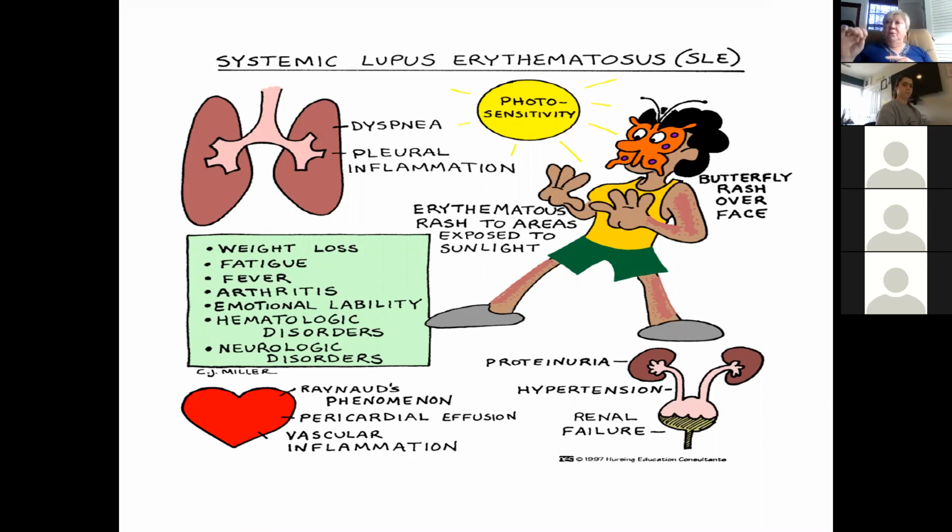Now, my daughter's very light-skinned, but it can be. It's usually darker-skinned women than light-skinned. And so this woman has an erythematous, a red rash wherever the sun, I'm pointing on the wrong screen. She has a red rash wherever she comes in contact with the sun, and she has a butterfly rash. But remember, that's only in about 50% of the cases.